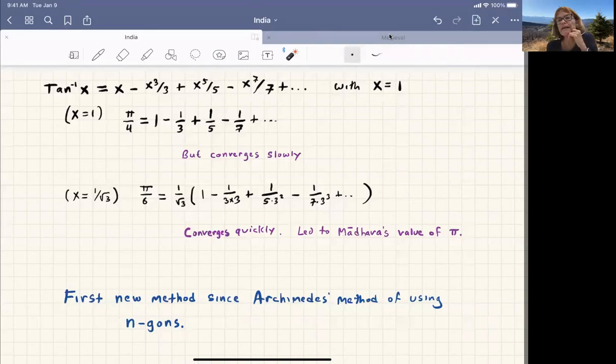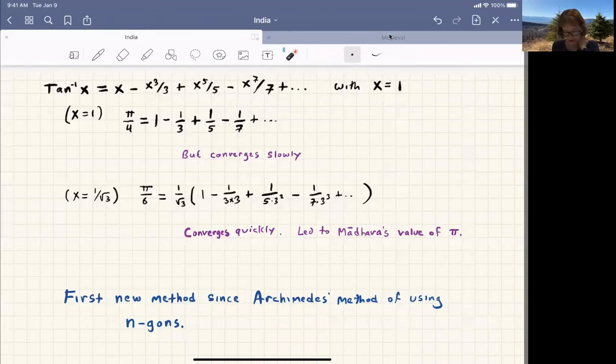So just looking at a couple of examples. The inverse tangent of x is given by this formula. Let's just go ahead and plug in x equal to 1. So if the tangent is 1, what should the angle be?